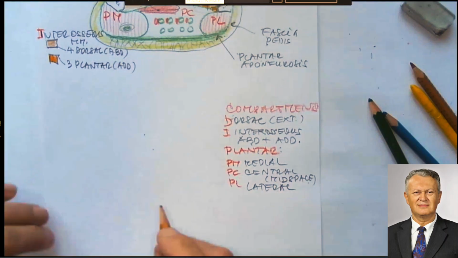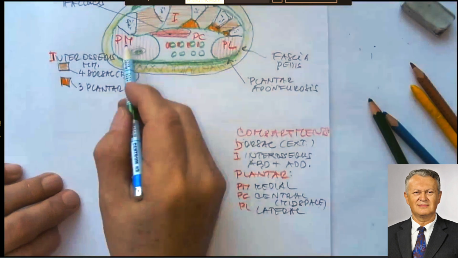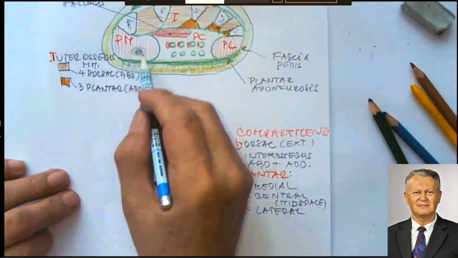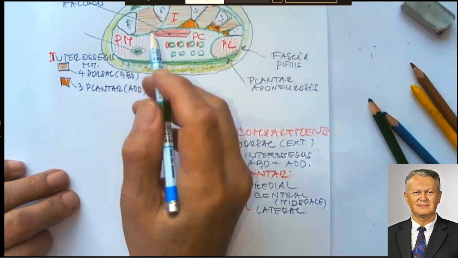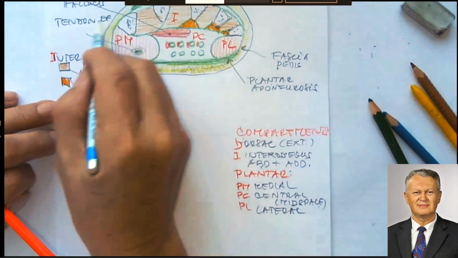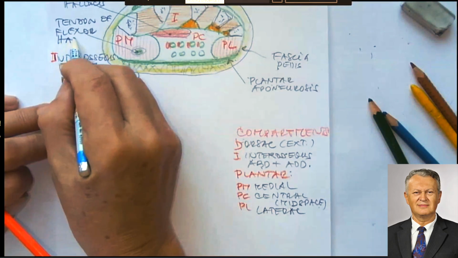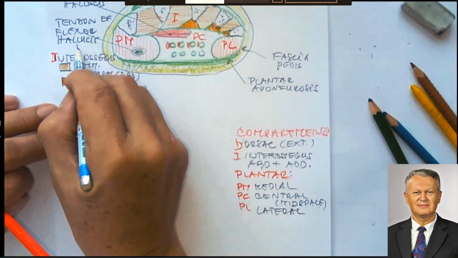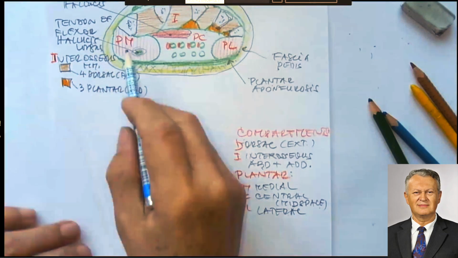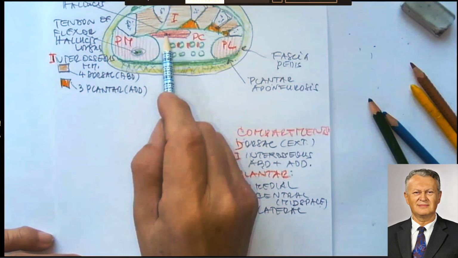Concerning the contents of these spaces, we could say that here we have, a moment, this is the tendon of flexor hallucis longus. Fine. So then we are counting also adductor.